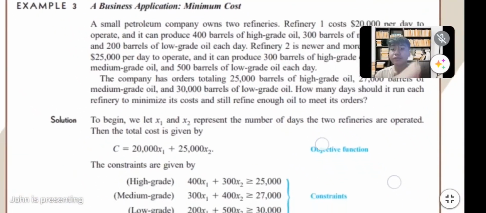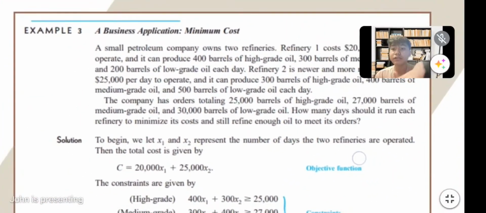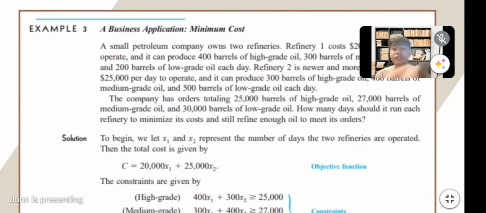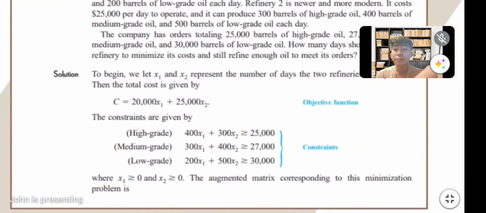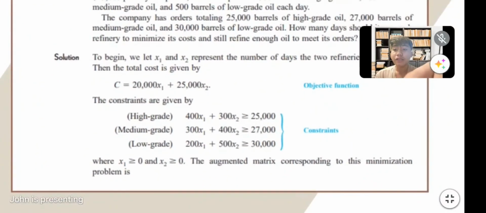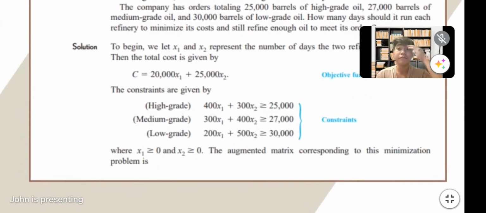A small company owns 2 refineries, and you see here the solution, where the constraints are just the same as question 1 and question 2. So you do the same, where x sub 1 is greater than 0 and x sub 2 is greater than 0.